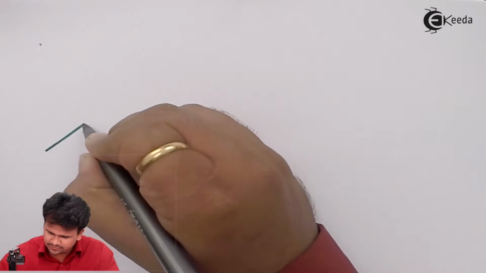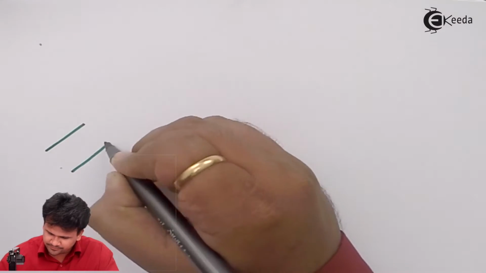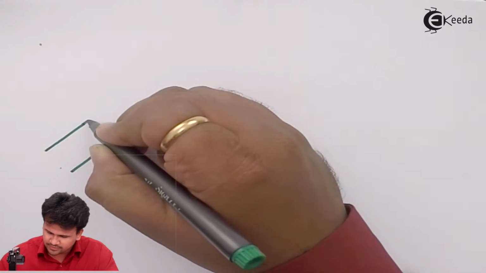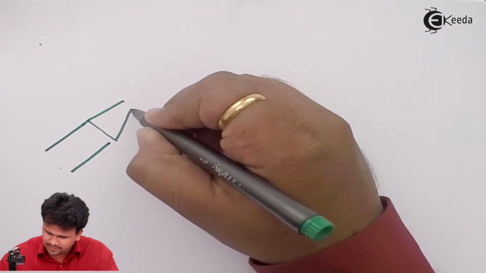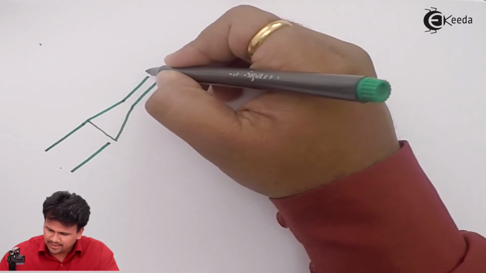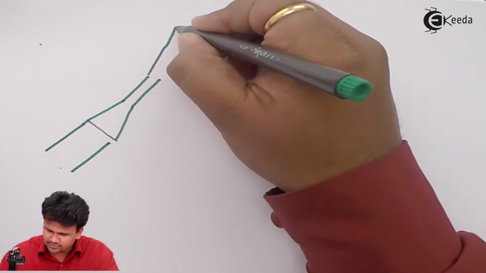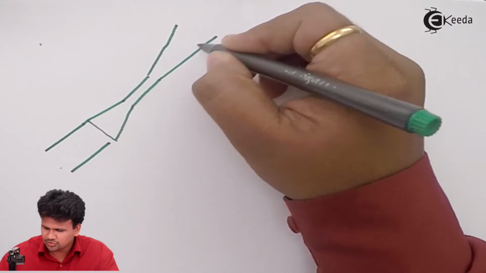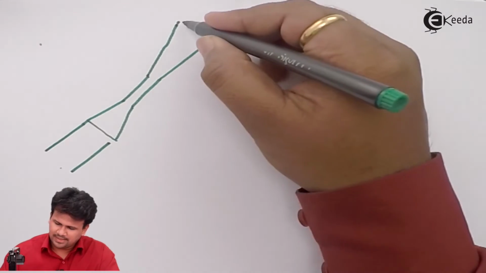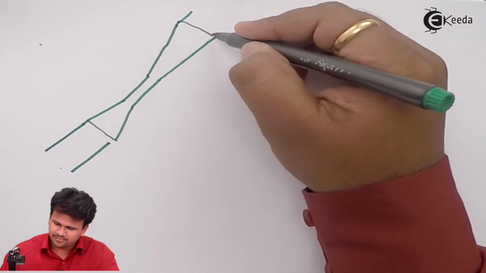This is the diameter of the pipe. This is connected to a converging cone, and then we have the throat over here, and we have the diverging cone. Mind you, the slope of the diverging cone is very small, and then the pipe is connected.